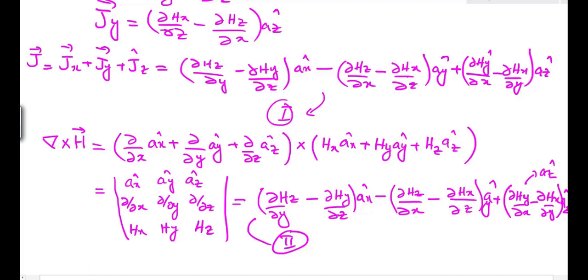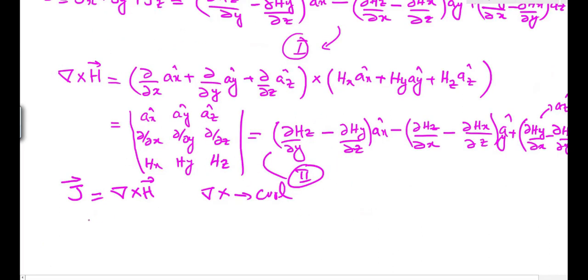So we can see that this current density is equal to the cross product of the del operator and the magnetic field intensity, and we call this del cross operator the curl operator. And we obtain this important relationship: if you apply the curl to the magnetic field intensity, this will give you the current density.